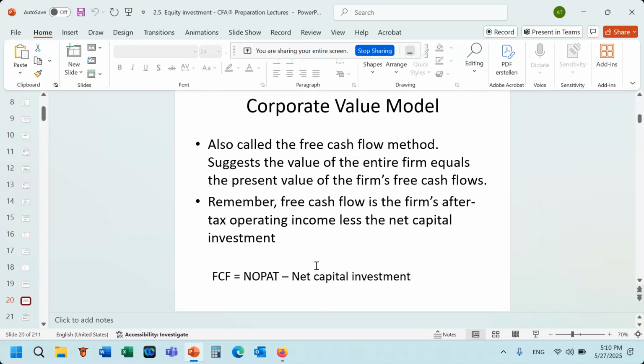To make it more practical, we can look at cash flows and discount cash flows using the same Gordon model. To calculate cash flow, you look at the bottom of the income statement and you get the net income.